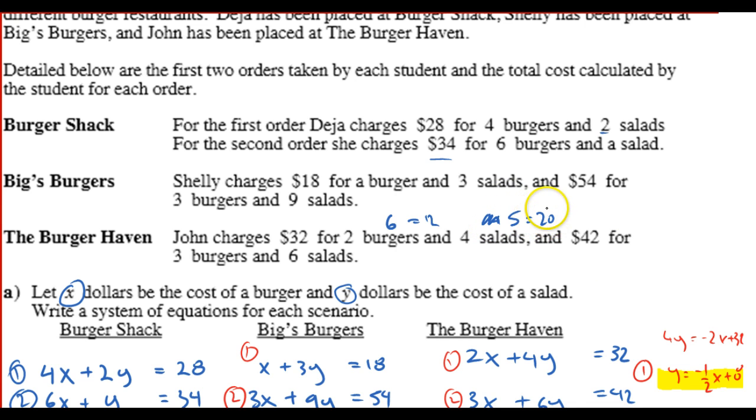That's 32. But that should also work for this next one, and it doesn't. 3 times 6 is 18 for the burgers, and then 6 times 5 is 30, and that should add up to 42, but it doesn't.